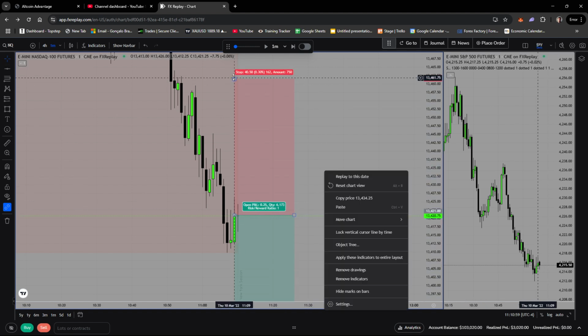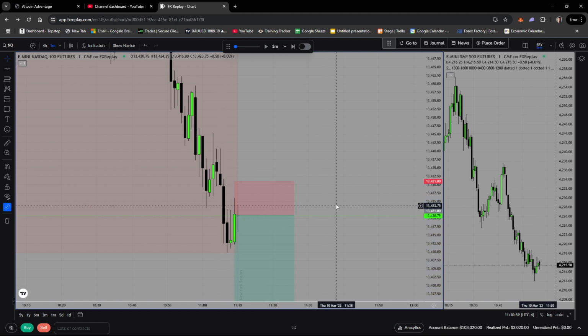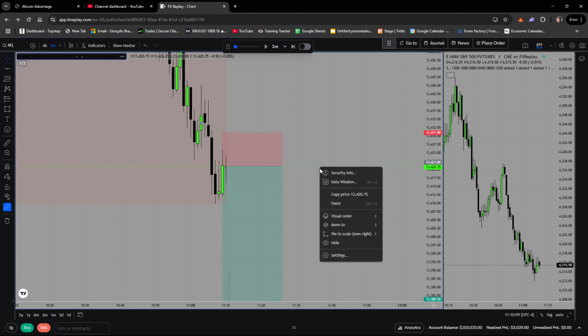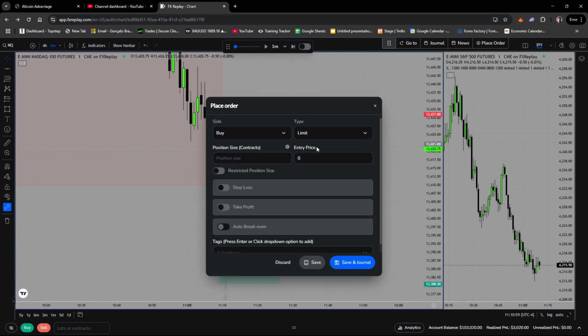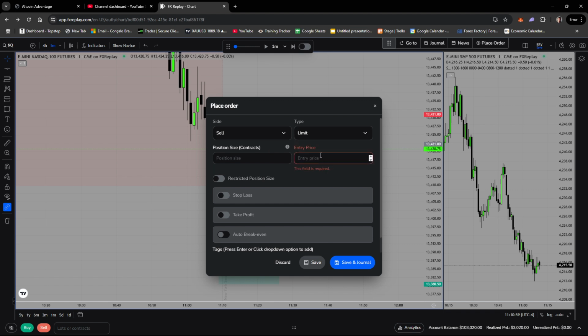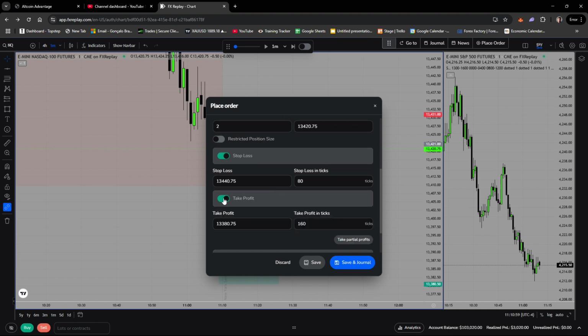Let's see if we can jump in. Okay. Copy price. Let's try it. Let's sell. Stop loss. We want it.